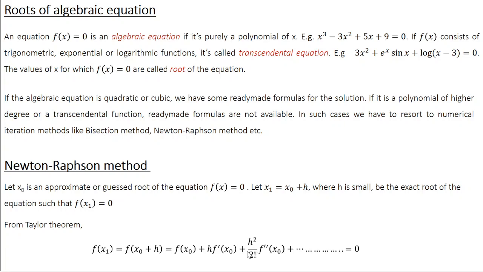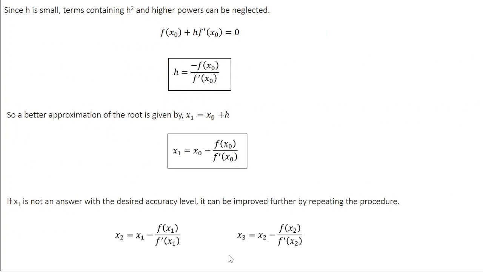So you can neglect all these higher order terms and worry only about the first two terms. So my Taylor series gets simplified as f of x0 plus h into f prime of x0 equal to 0. From this, when I rearrange the terms, I can write h equal to minus f of x0 divided by f prime of x0.